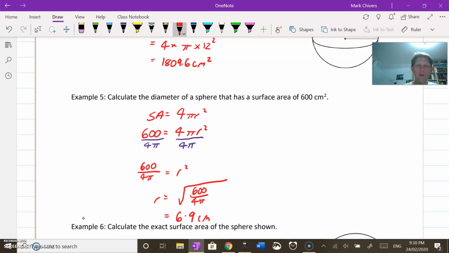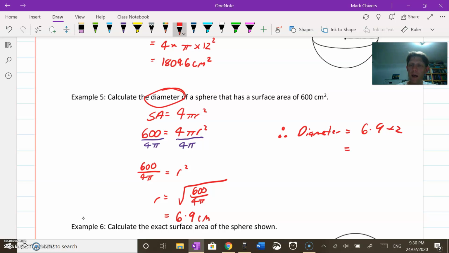Now, is that the end of the question? I don't think it is, because the question asks us what the diameter is, not the radius. So we're going to have to finish off with, therefore, diameter equals 6.9 times by 2, which is going to be 13.8 centimeters.